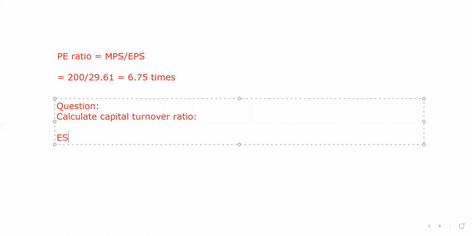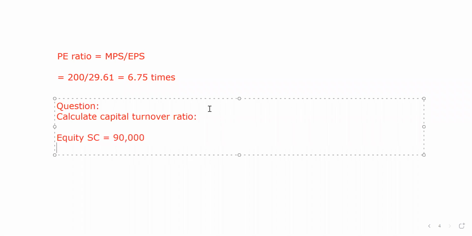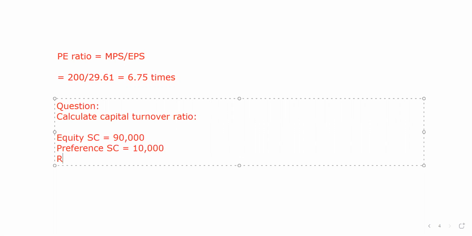Equity share capital, 90,000. Preference share capital, 10,000. Reserves and surplus, 5,000.